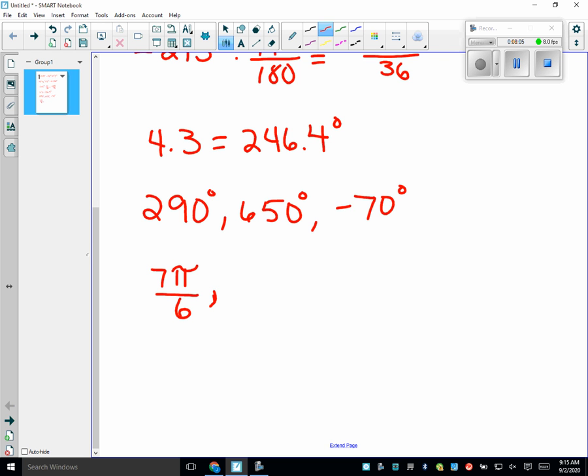Oh, yeah. I did it wrong. It's 19 pi over 6? I don't remember how to do that. We're adding 2 pi, which is the same thing as this.